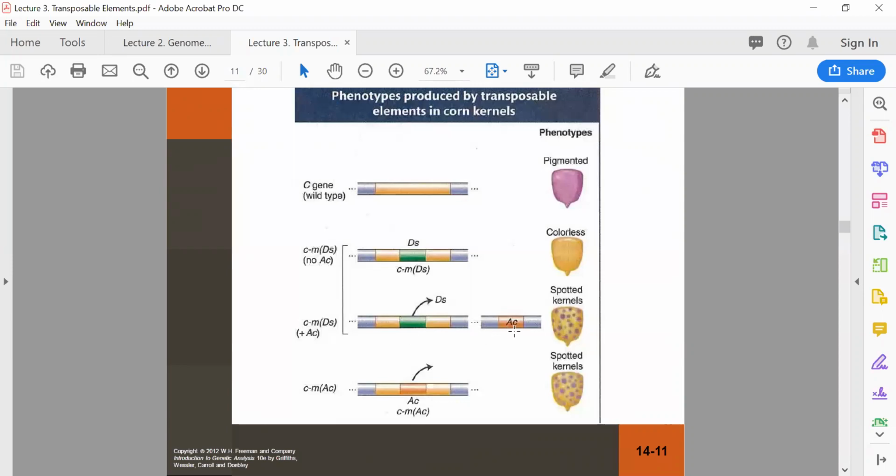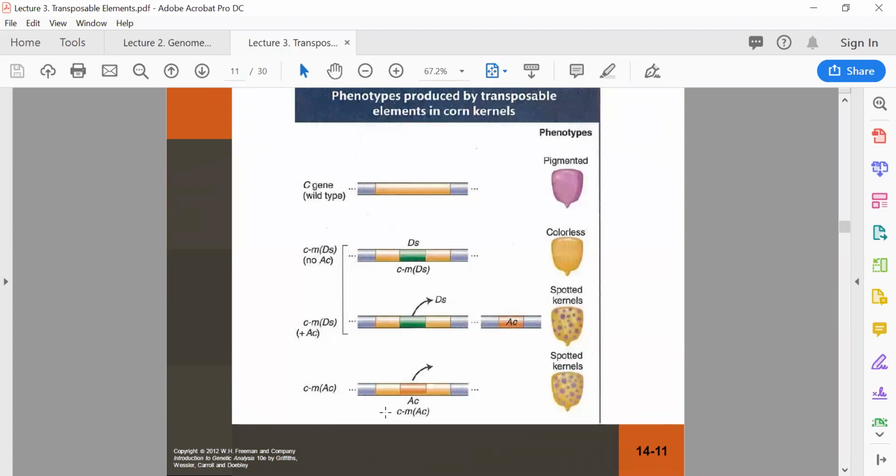With that AC present, if that activates the DS to leave the C gene, the wild type function of the C gene is restored in those cells in which that occurs. And those cells and their descendants will produce normal pigment, giving rise to those spots.